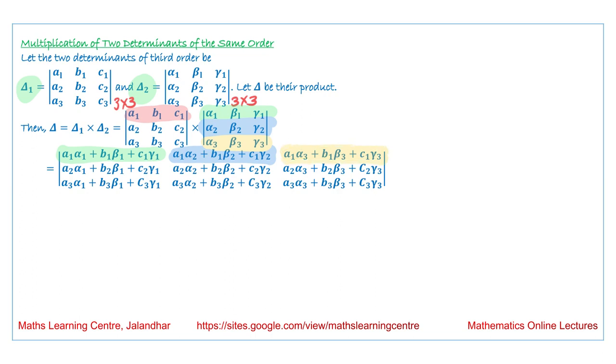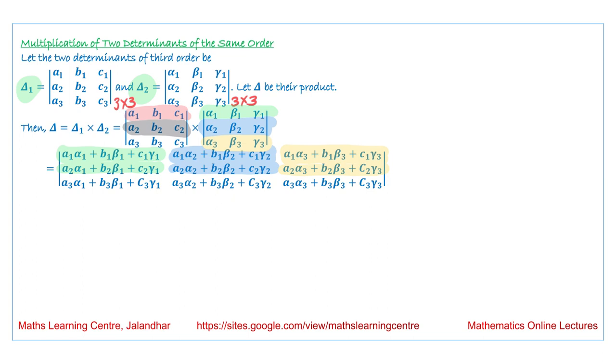Similarly, in the next step, we will start with the second row. We multiply it with all the 3 rows again. We multiplied with this first row, we will obtain the answer in this form. With the second row, we will obtain the answer in this form, and with the third row, we will obtain the answer in this form.